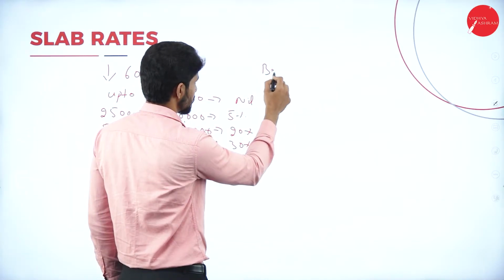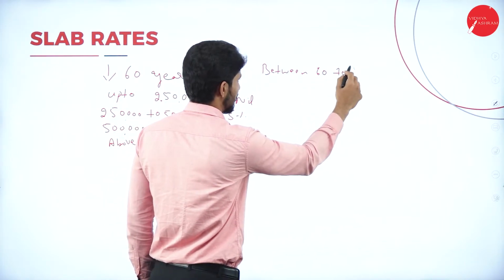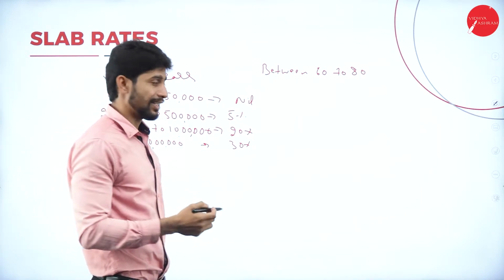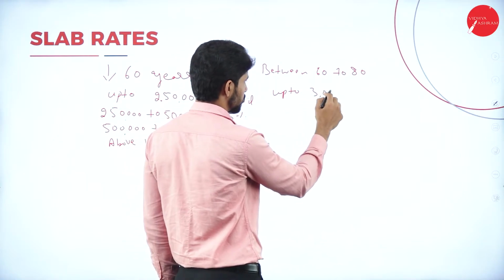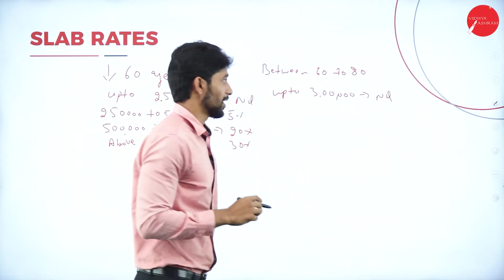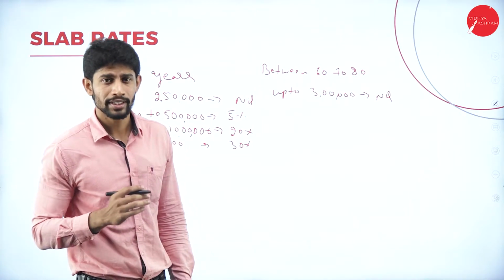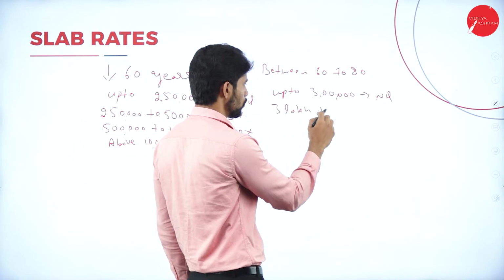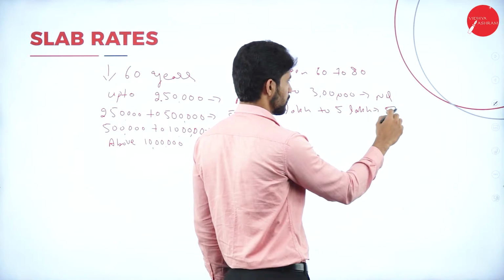Next, if the assessee age is between 60 years to 80 years, then up to 3 lakh rupees it is nil. Next, 3 lakh to 5 lakh, it is 5%.